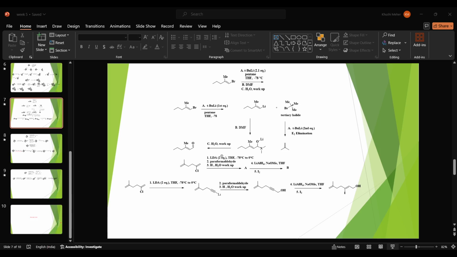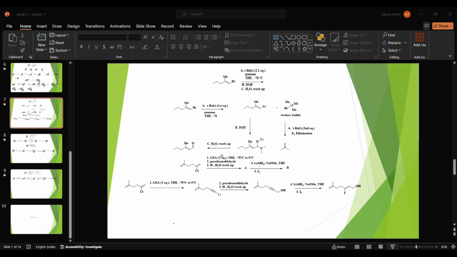Okay, first by using one equivalent of LDA, you will get your corresponding terminal alkyne, and the terminal alkyne has another hydrogen, and that will be again abstracted by another equivalent of LDA. You will get your corresponding alkynyl lithiated product. Okay, first it will abstract, and after that we have paraformaldehyde and our acidic workup, and we will get our corresponding product, whatever the paraformaldehyde gives.